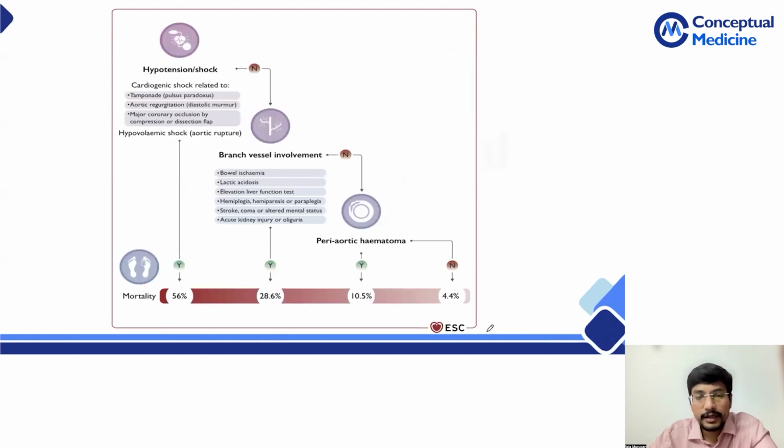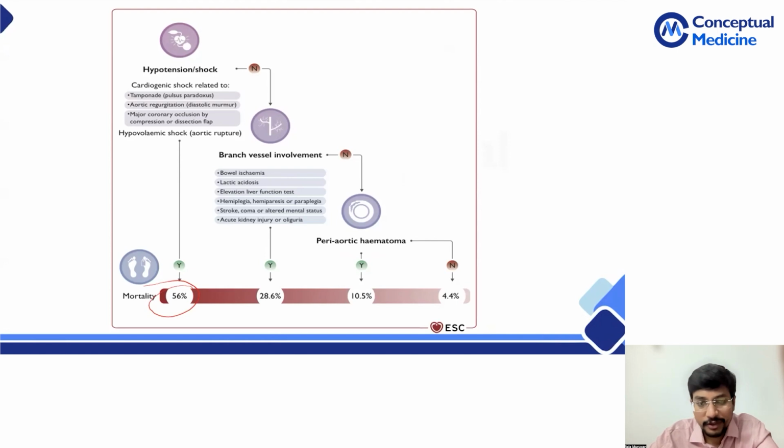This is a slide which tells you the complications of aortic dissection and the mortality associated with each complication. This is in-hospital mortality. If a patient presents with hypotension or shock, cardiogenic shock, it can be hypovolemic shock, the mortality is approximately 60% if you don't do something.